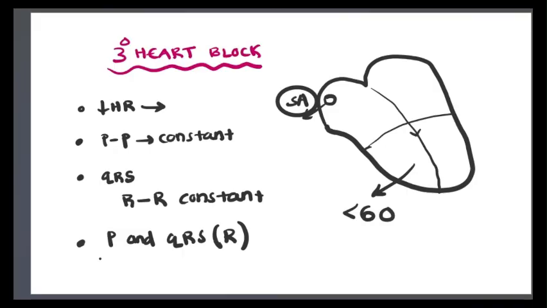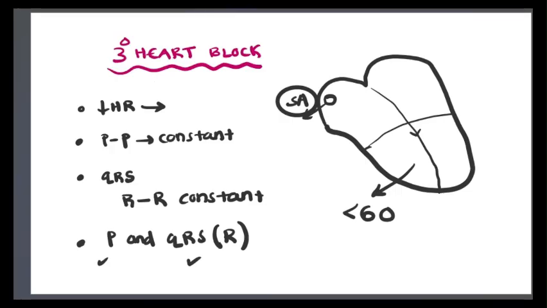Why? P wave is because of SA node, QRS is because of escape rhythm. No relation. P is not always followed by the QRS. P is because of SA node and QRS is because of ventricular escape rhythm. So both are different. Both these waves are generated due to different structures.